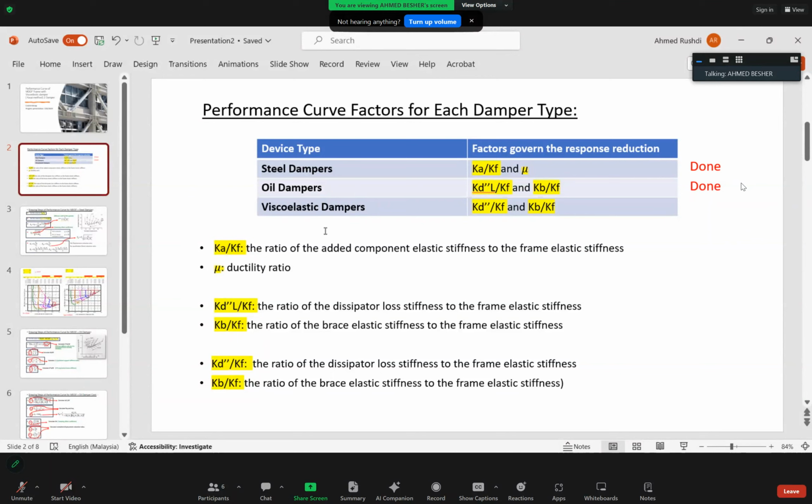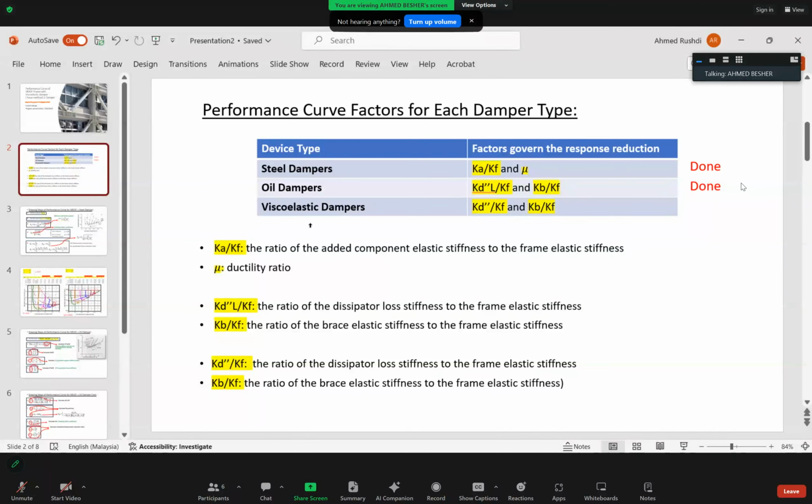The factors that govern the response reduction using the Kasai method: for the steel damper, the first is the ratio between the elastic stiffness of the added component and the frame elastic stiffness, and also the ductility ratio.